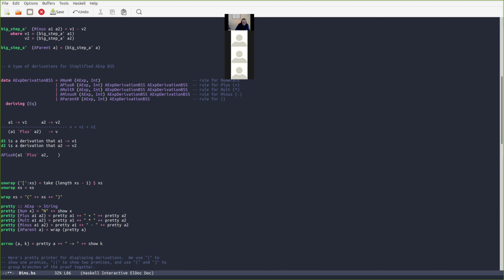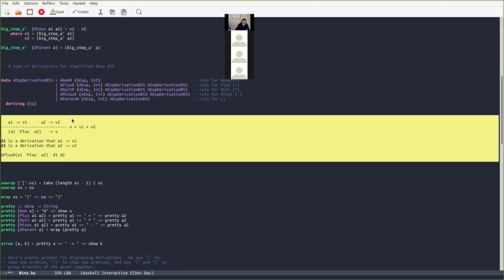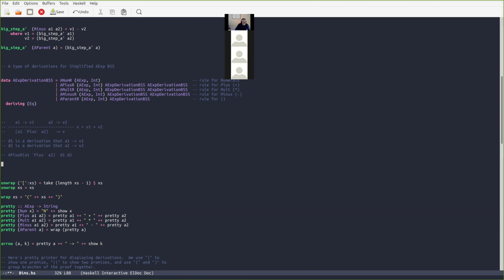And then the derivation that justifies this is you plug in the derivation D1 and you plug in the derivation D2. So that would be a derivation where you'd use this rule.